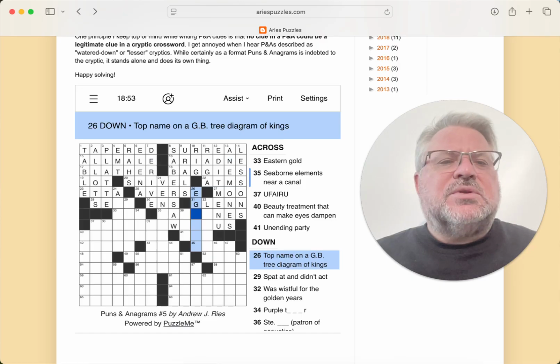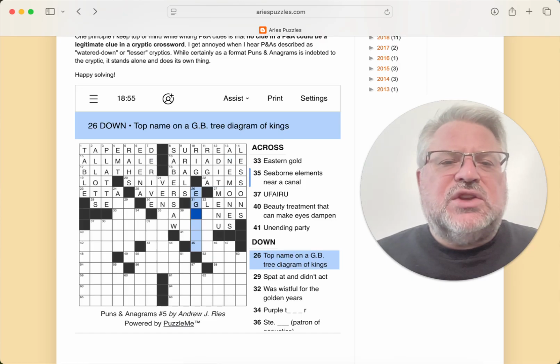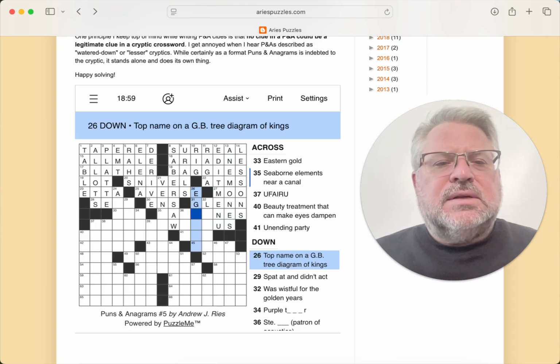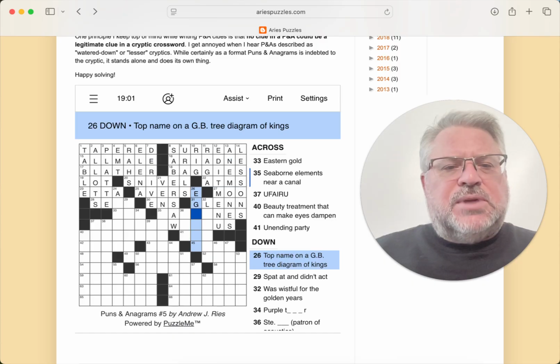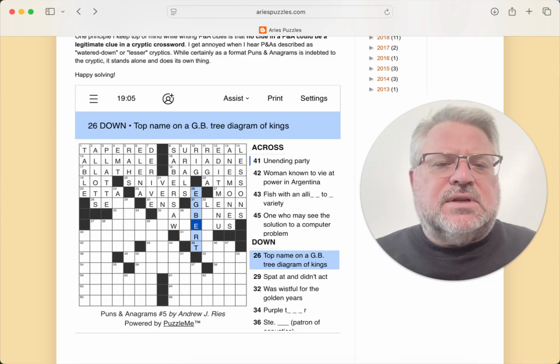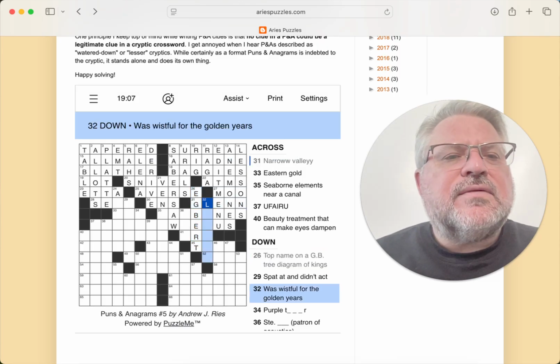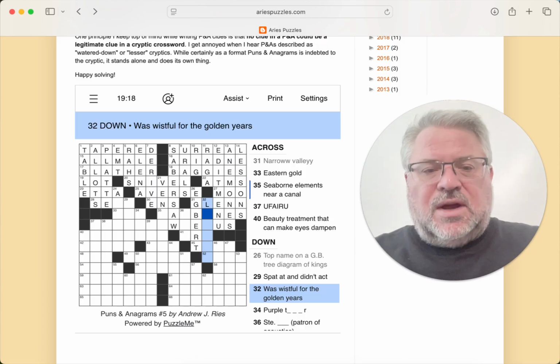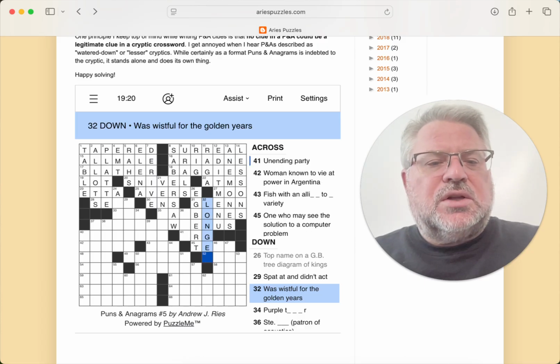No, 26 down. Top name on a GB tree diagram of kings. GB tree could be anagram to Egbert, who I think was one of the kings of England. Was wistful for the golden years. Longed? Longed, I think, is an anagram of golden. So you longed for the golden years.